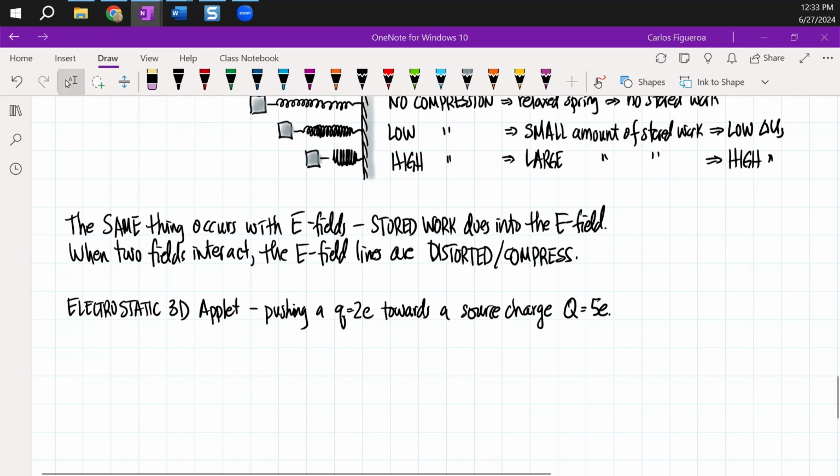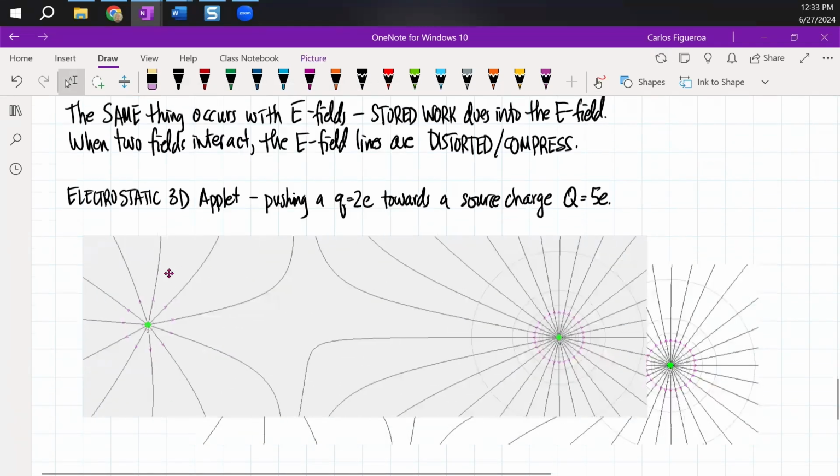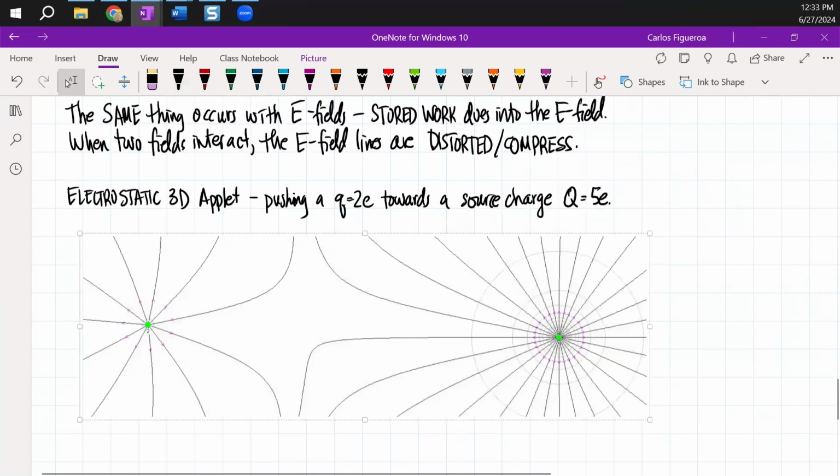And so this is what I see here. There are two images that I want to show you. Here's the first one. And then the second one looks like this.